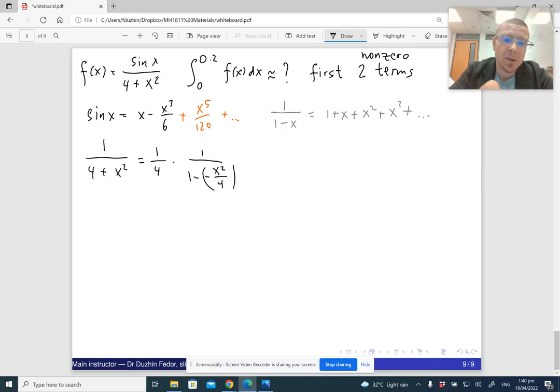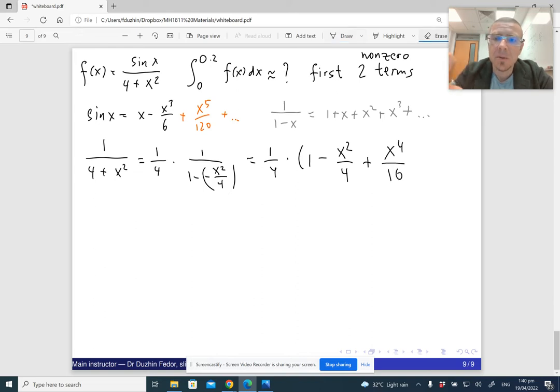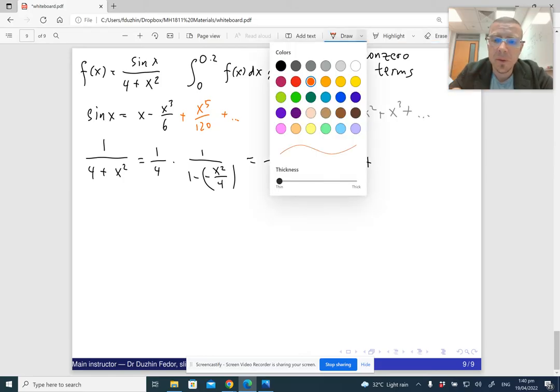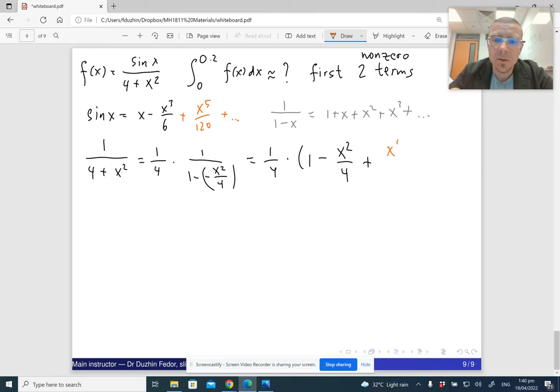Applying the geometric progression, we get 1/4 times 1, then replacing x with minus x squared over 4, minus x squared over 4, plus the square term, which is x to the 4 over 16, plus and so on.